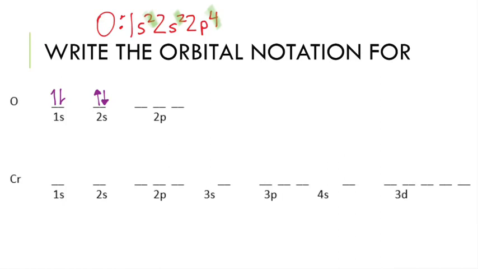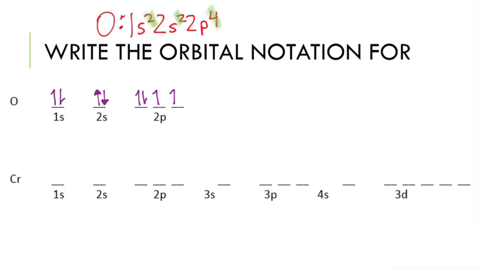So 1s2 got 2 arrows. This 2s2 term means the 2s line gets 2 arrows. And then the 2p lines are going to get 4 arrows. That would mean 1 on each line before we double up. You might already realize, 4 arrows, 3 lines, 2 of them are going to have to share.